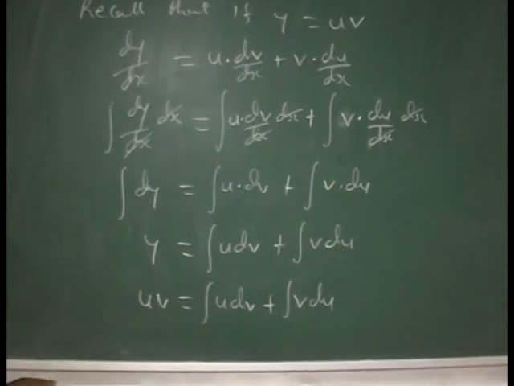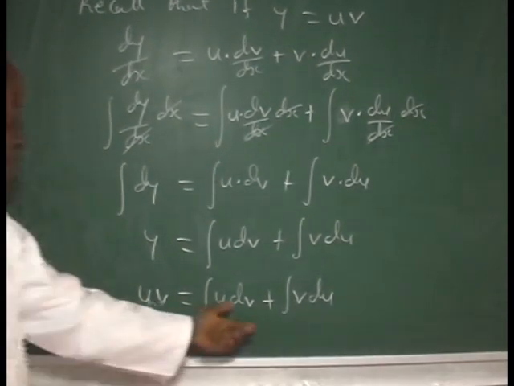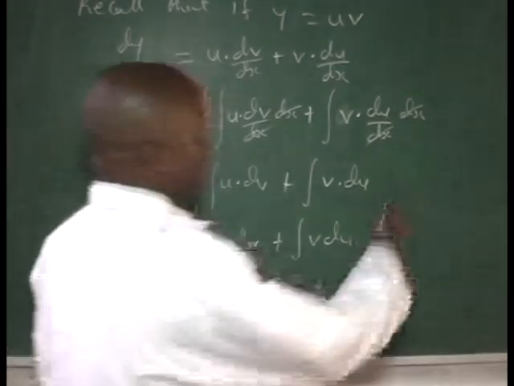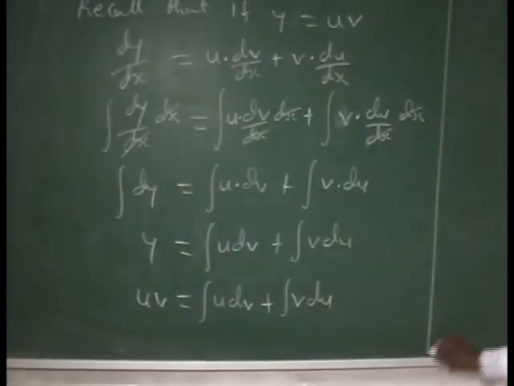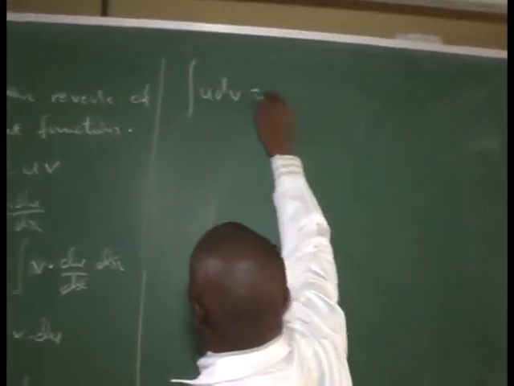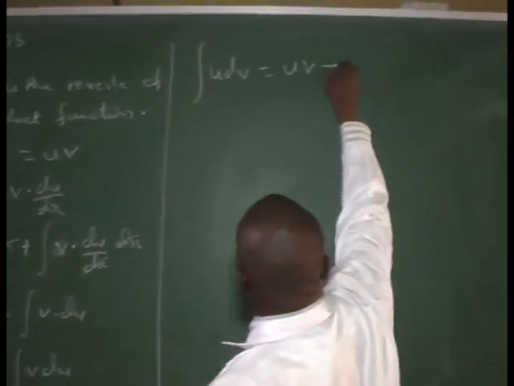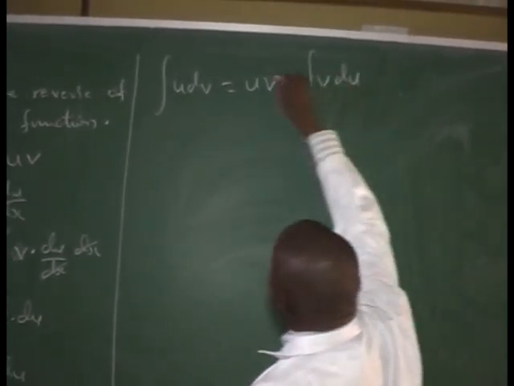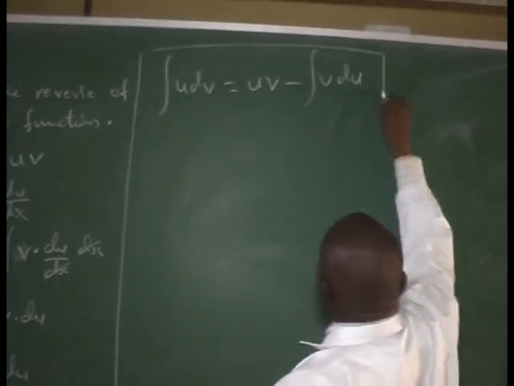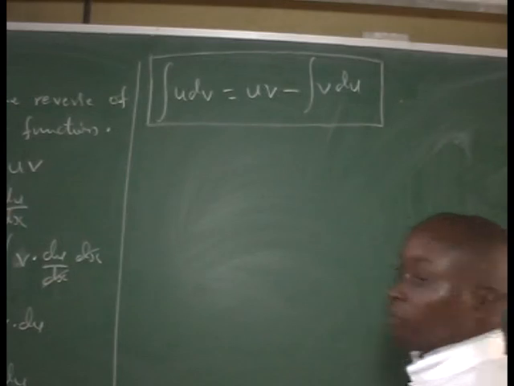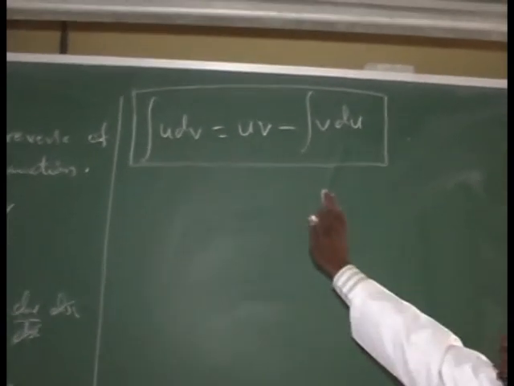So if I transfer this one to this side, I will have the integral of u dv equal to uv minus the integral of v du. Now this one is called the integration by parts formula.